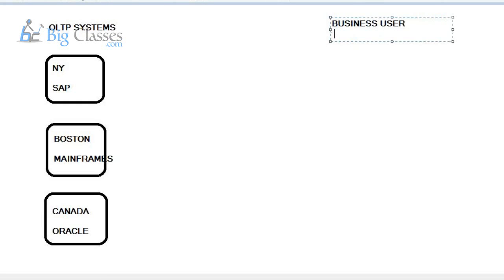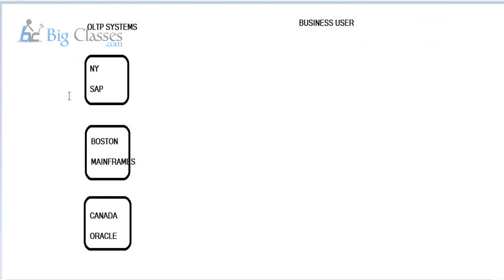In order to do that, first of all, I have to walk down to the New York system and understand how the business is running. After that, I have to go into Boston, and after that, into Canada. I have to understand how the business is running across each OLTP.